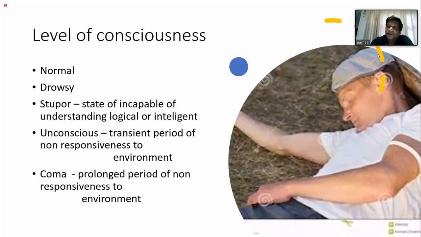What are things you think of? Can you think of conditions? Drowsy? In CNS infections like meningitis, encephalitis, again, drug intoxications, alcohol intoxication, right?